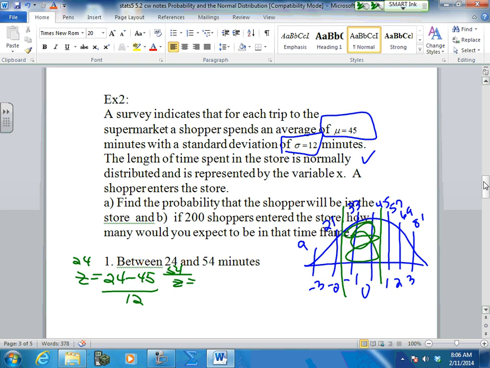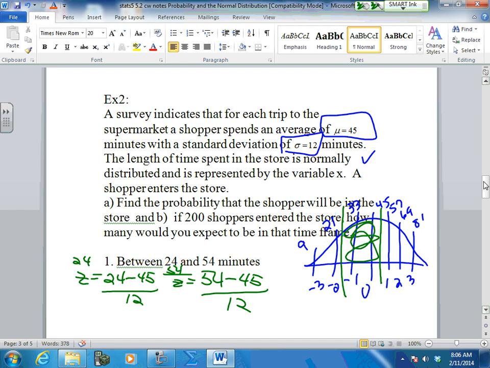Your z-score for 54 should be positive or negative? Positive. See, this helps when you subtract. So the larger minus the smaller. That way you don't even have to remember x minus the mean. You just know because it has to place that way.